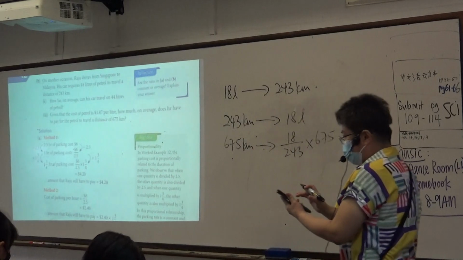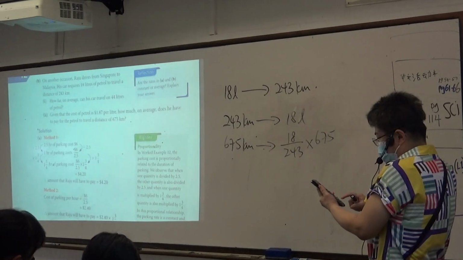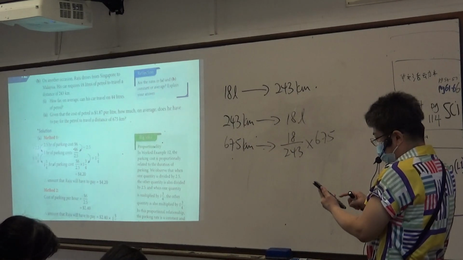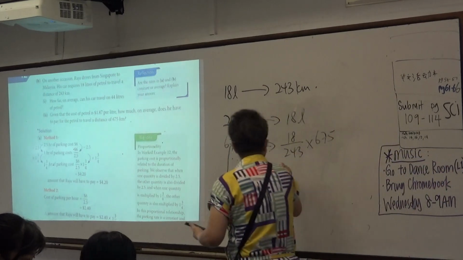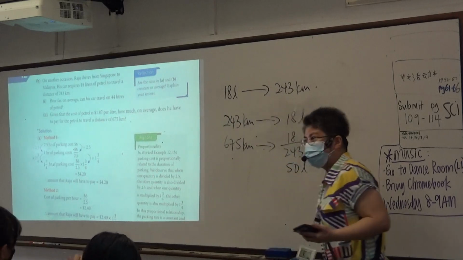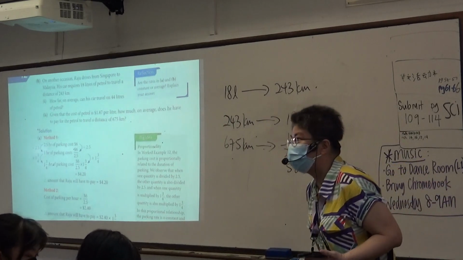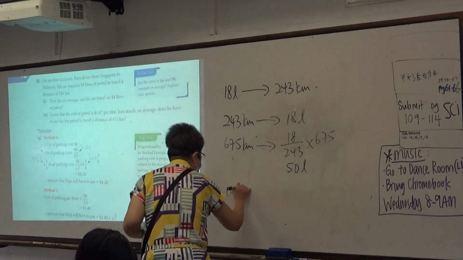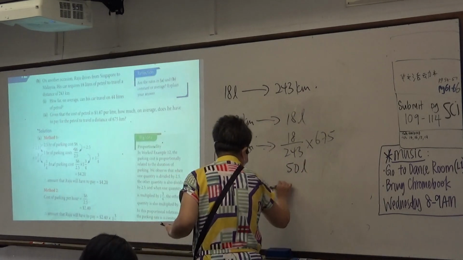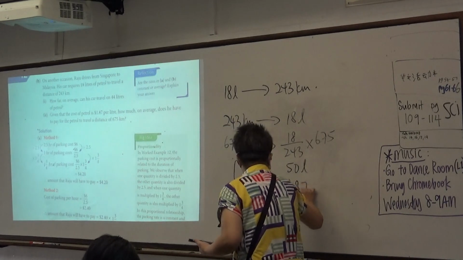Okay, now I'm going to calculate this out. So 80. This will be 50 liters, right? But is this what they want? What do they want? The cost. So the cost will be 50 times what? 1.87.